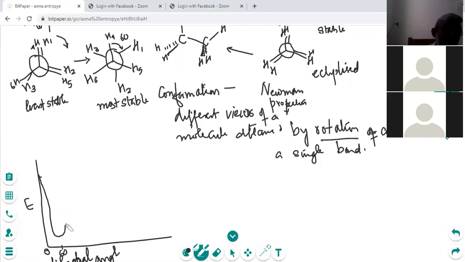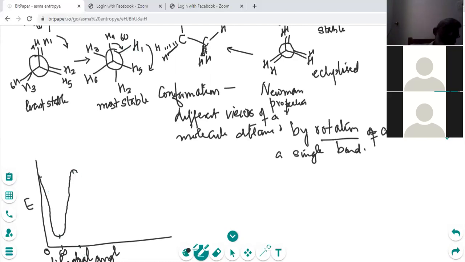And then it goes up. So this is 60 and this is 120. So up to 60 degree, the energy decreases, stability increases. But from 60 onwards, it goes over here to 120. The stability again decreases, energy increases.